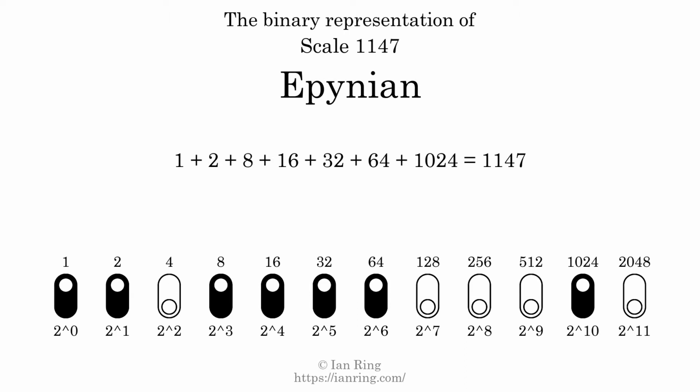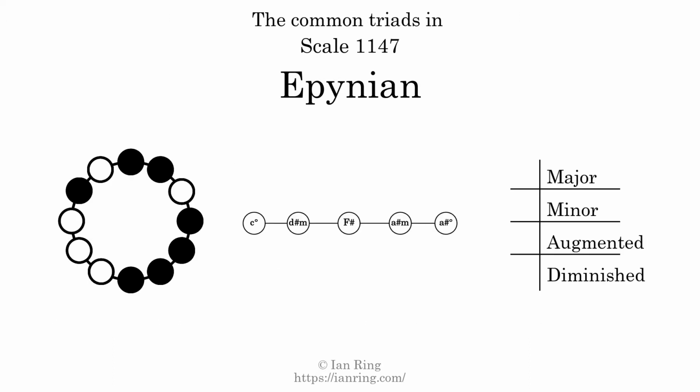That is why the scale number, in decimal, is 1147. The scale number not only enumerates the scale with a unique index, but it also literally describes the tonal content of the scale. Represented as a binary number in base 2, the scale number is 010001111011.